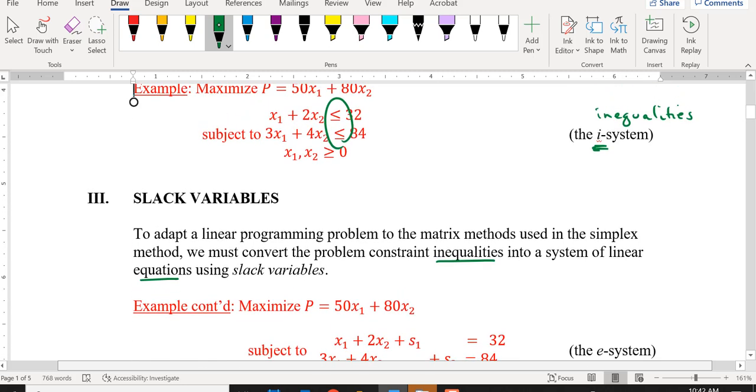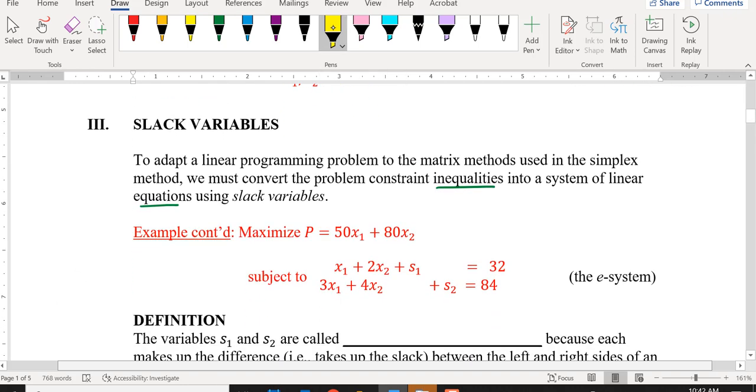That first inequality up here says x1 plus 2x2 less than or equal to 32. You had a less than or equal to, right? But if I add what's called a slack variable, I can change it into an equation, because you have this value plus something else will give you positive 32.